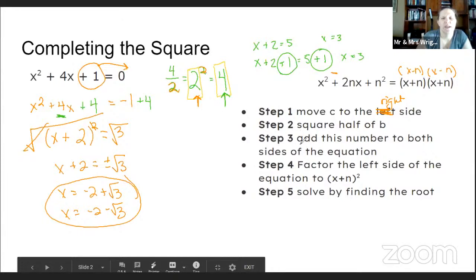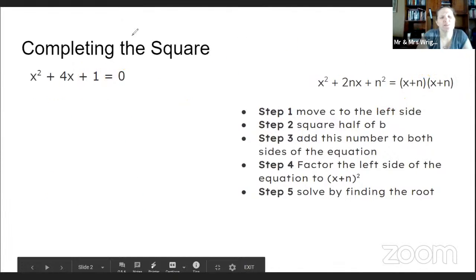Then we add this number to both sides of the equation. And then step 4, we factored it into this form, x plus n squared, or in some cases x minus n squared. And then we solved by finding the root, which was the process that we looked at previously.